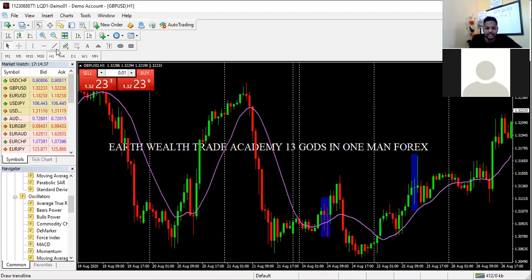So right here, we're identifying all these red candles, which would indicate, for example, Great British Pound versus USD, the traders come into the market, and it can be banks, it can be hedge funds, it can be big corporations, and it can be retail traders like yourself.